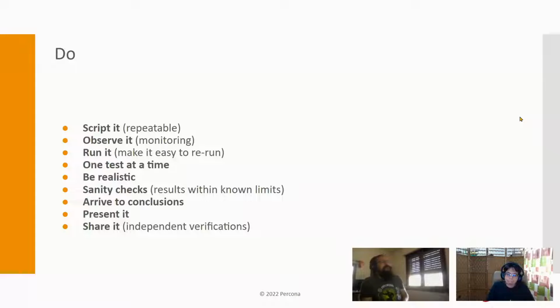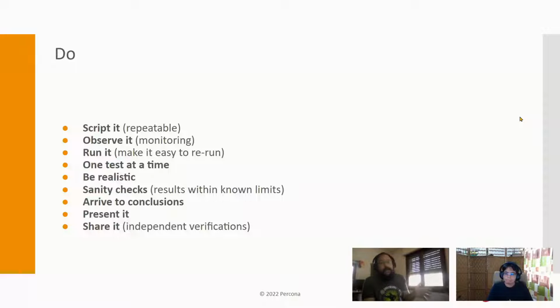And then again, as you observe the data and gather all this, and you have fancy graphs, that's all fine and dandy, but then we have to reach conclusions. And it's important that when we set out to do a benchmark, we have goals, I guess. I should have put that here as well.